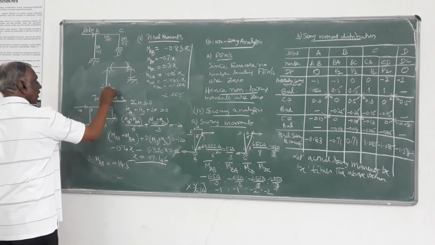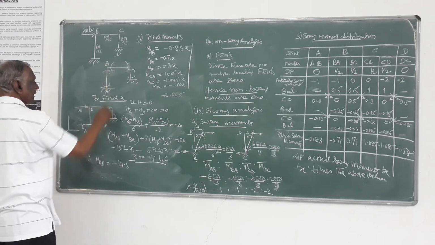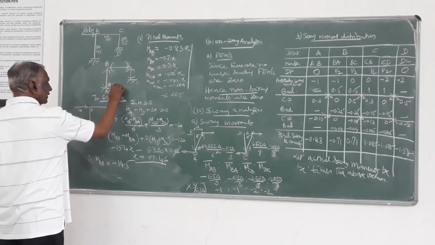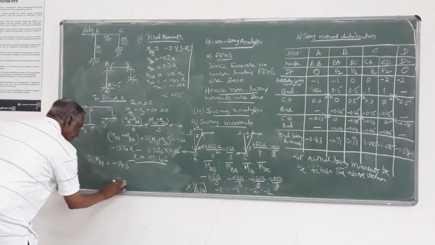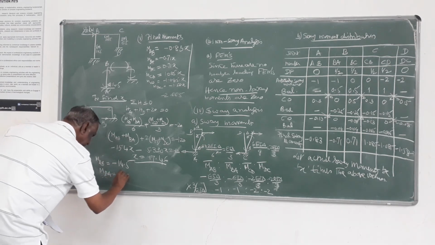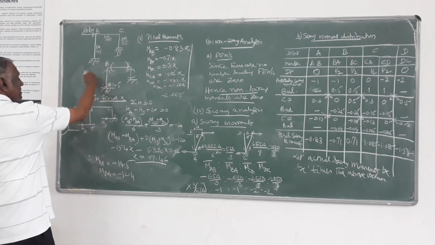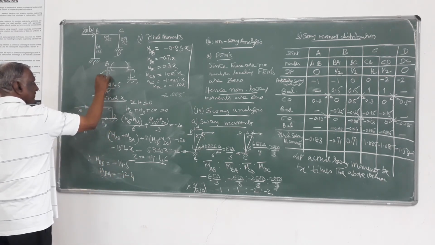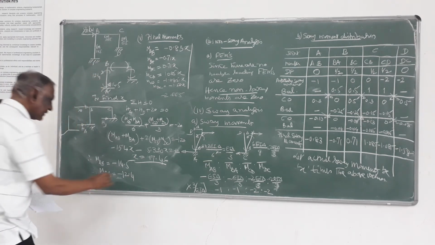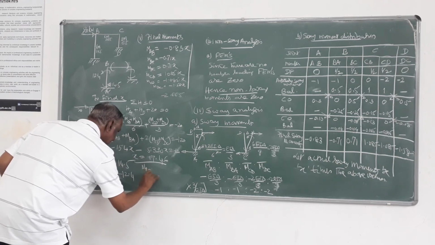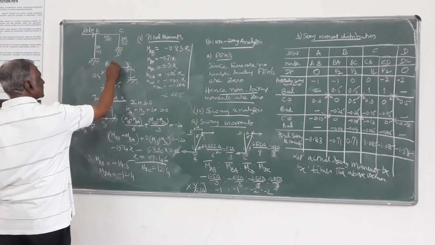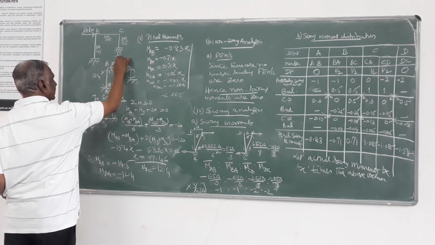So here I will mark that moment. It is minus, so it is anti-clockwise, 14.5. Then MBA is minus 12.4, minus means anti-clockwise, like this, 12.4. Then MBC is plus 12.4, obviously MBC is clockwise like this, 12.4.